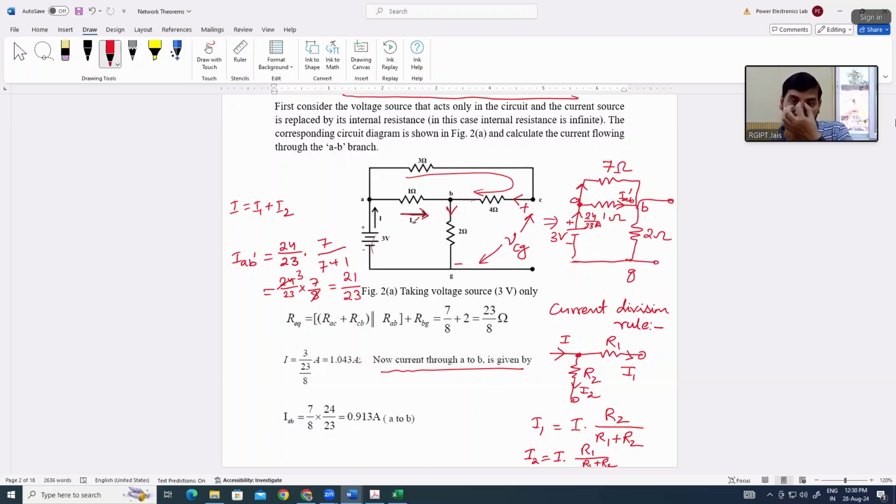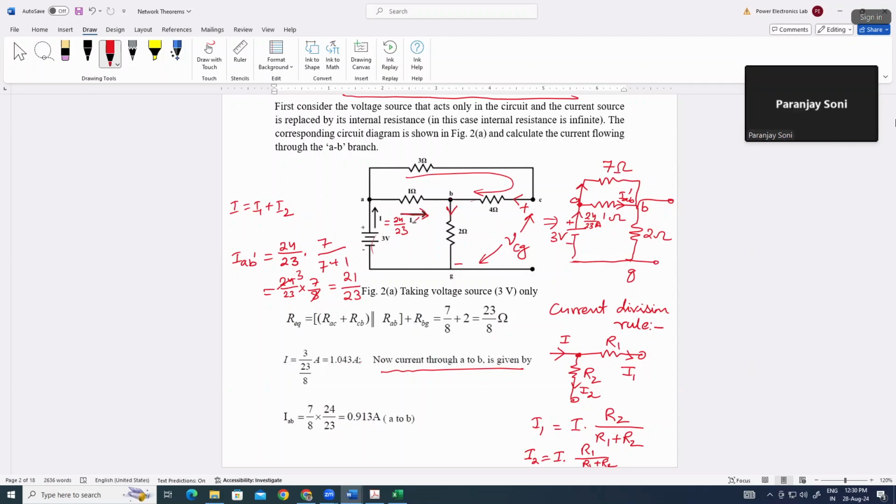Okay, and from here the main current flowing is 24 by 23. So what will be the current flowing through this 4 ohm branch?